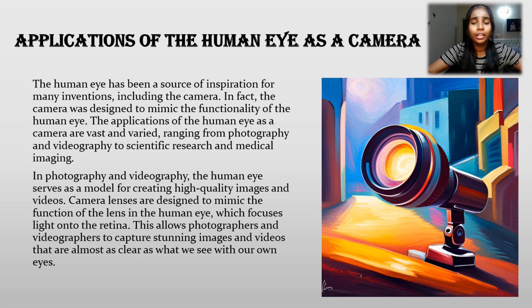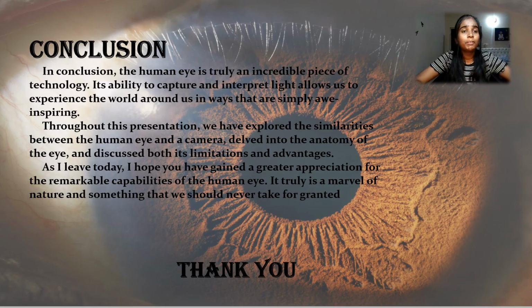In photography and videography, the human eye serves as a model for creating high quality images and videos. Camera lenses are designed to mimic the function of the lens in the human eye, which focuses light onto the retina. This allows the photographer or videographer to capture stunning images and videos that are almost as clear as what we see with our own eyes.